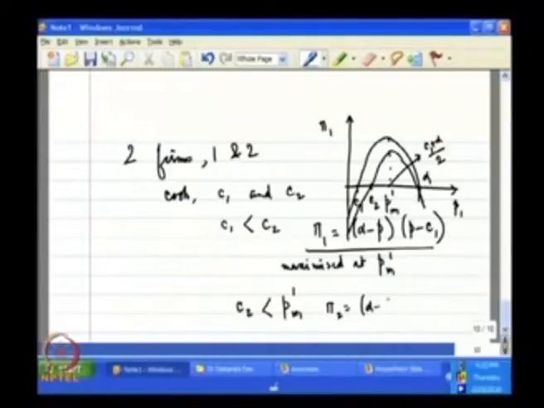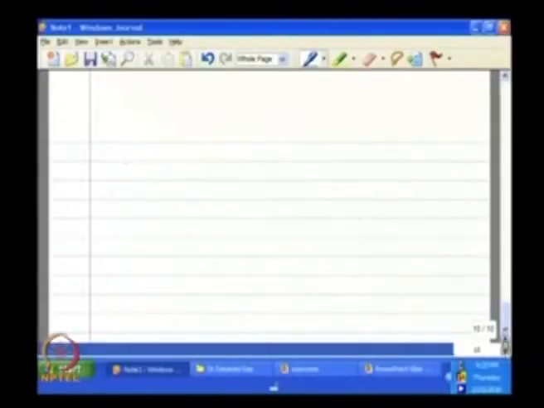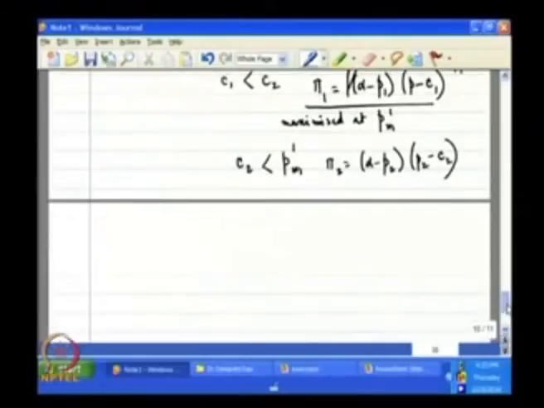It is (alpha minus P2) multiplied by (P2 minus C2). So, it also has an intersection point at alpha. So, this is the common intersection point, and C2 is somewhere between C1 and PM1. So, this is the story in terms of the diagram.